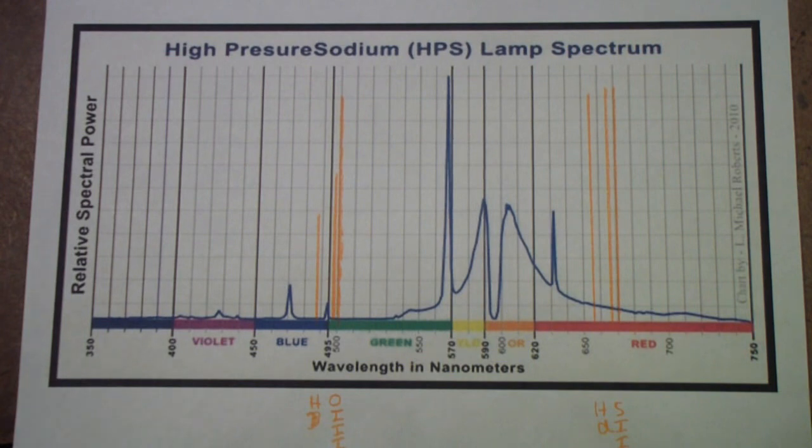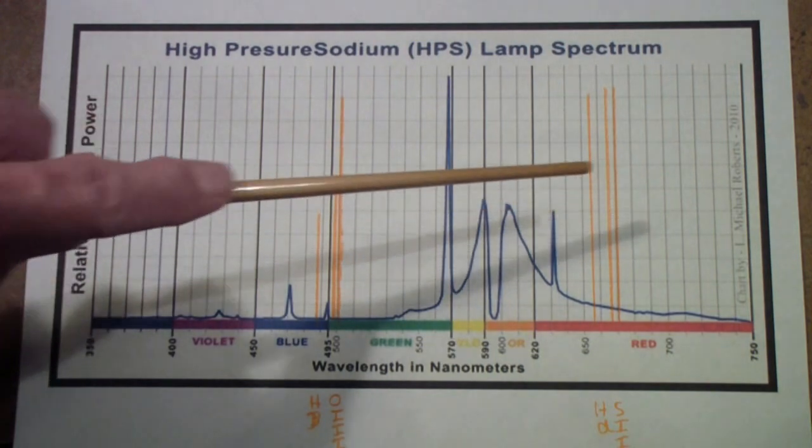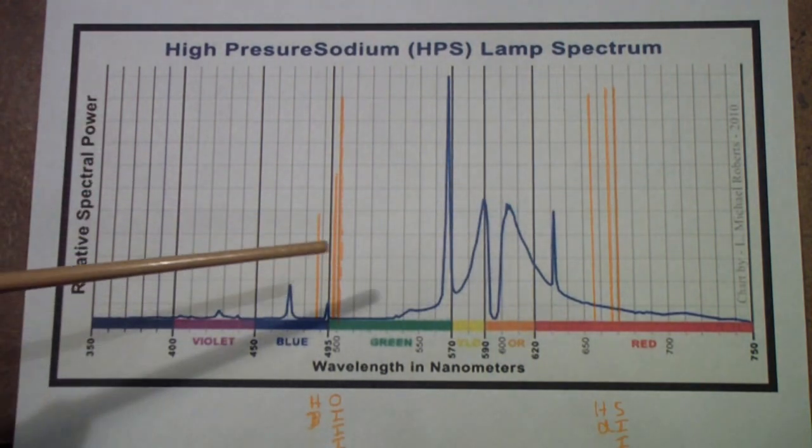Now, in stars, there is an atomic process going on. Some fission, but a lot of fusion, where, for example, hydrogen is being fused into helium. In the process, a great deal of energy is produced, and so starlight tends to be where these orange lines are.